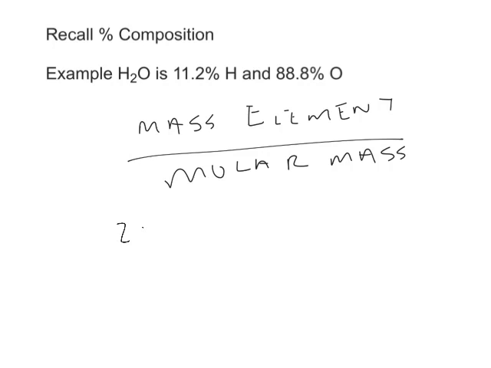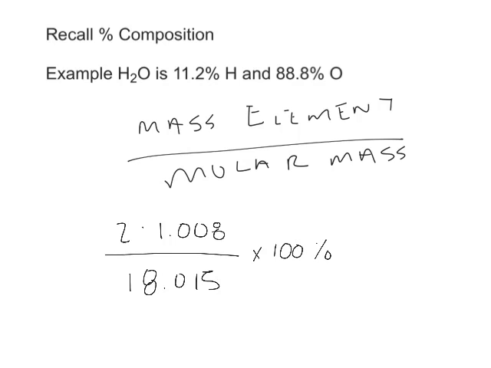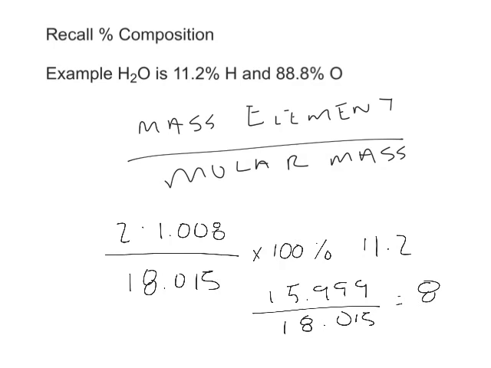And so if I have 2 hydrogens, that's the mass of my hydrogen in there, divided by the whole mass times 100%. I get 11.2. And if we do the same thing with oxygen, the 1 oxygen in there divided by the whole mass gets us 88.8%. What we're going to be doing now is working this backwards, starting from the percentages and working towards a formula, either empirical or molecular.